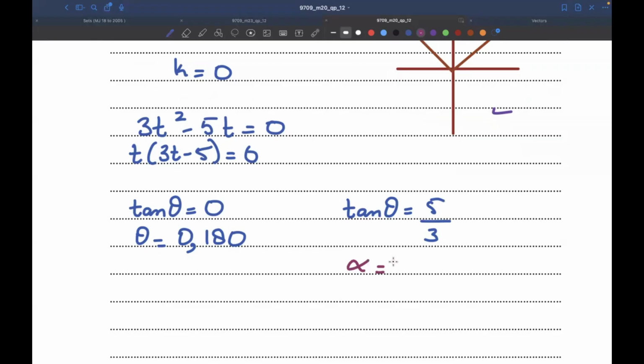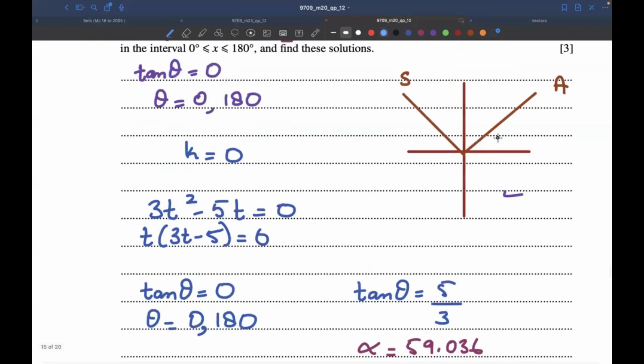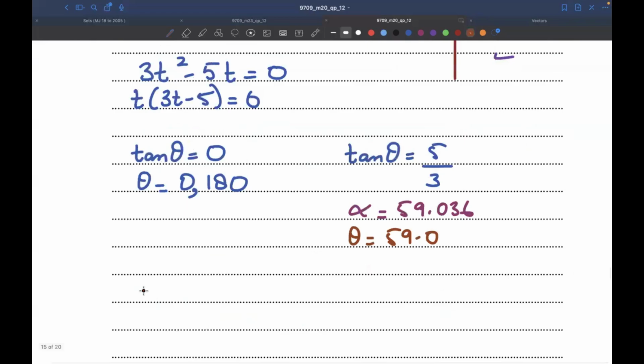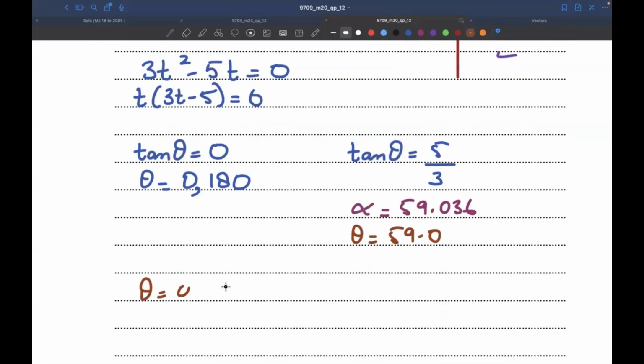That is equals to 59.036. So we'll make this 59.036 in the positive quadrant over here. And the value of theta will be again measured anti-clockwise from the x-axis. So theta in this case will be 59.0. So the three values of theta will be 0, 59.0, and 180.